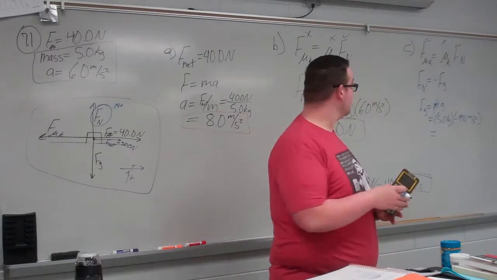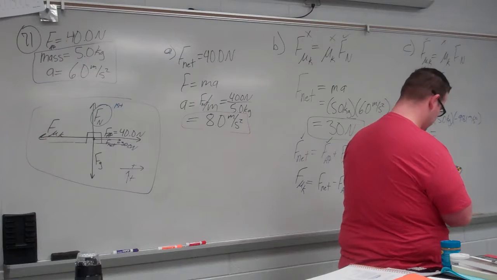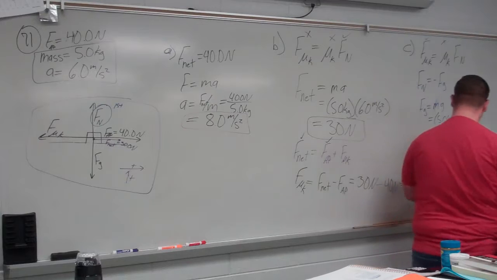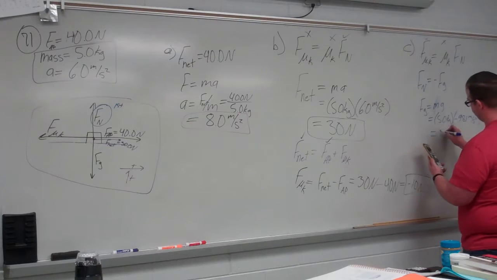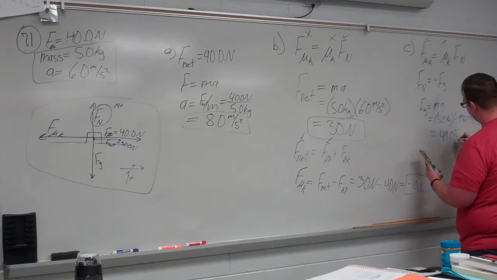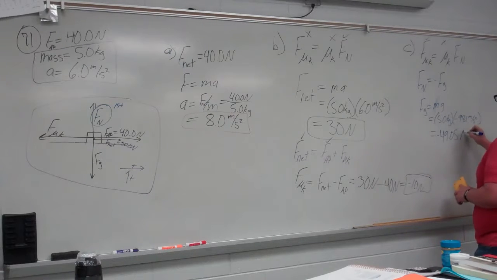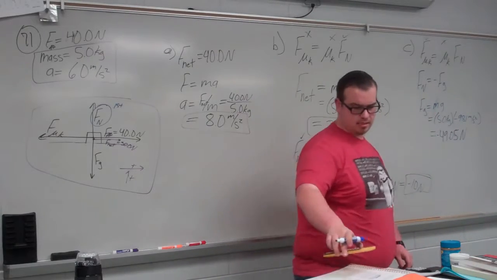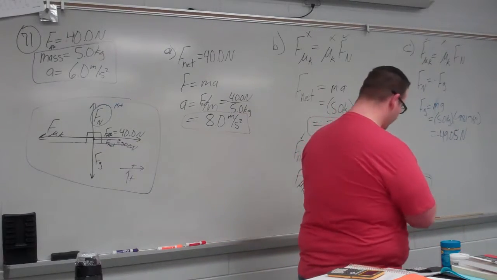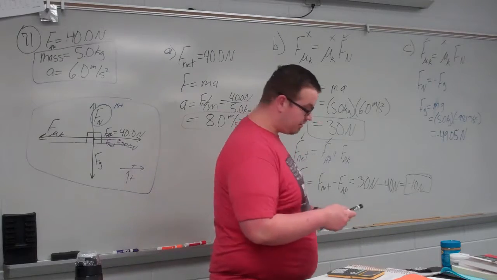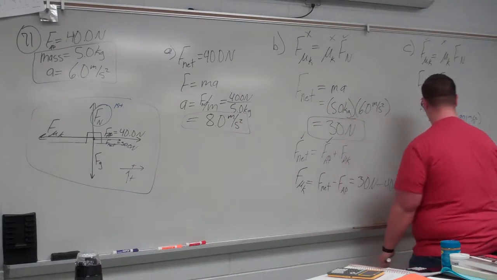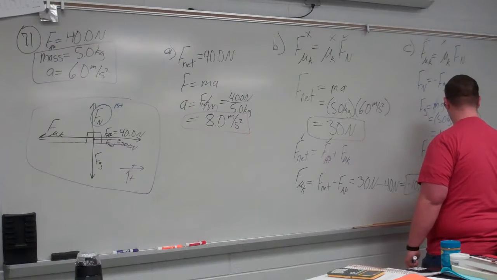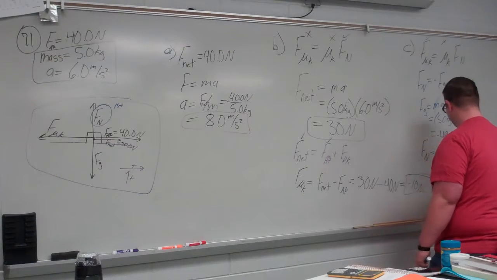Do that in my calculator. Force of gravity is equal to negative 49.05 newtons, which means, since my normal force is equal in magnitude and opposite in direction, the normal force is equal to 49.05 newtons.